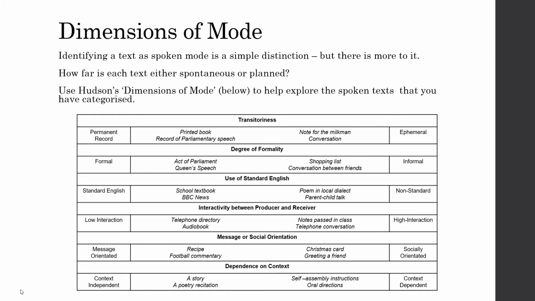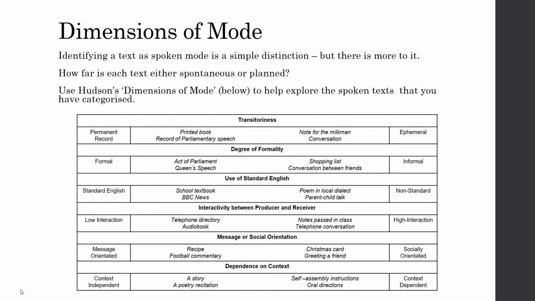This is from a linguist called Hudson, and it's titled Dimensions of Mode. Hudson looks here at 6 different concepts in analysing any text, not just spoken text but written text as well, and he places these concepts on a continuum. For example, the transitoriness of a given text, meaning how far is this text meant to last.